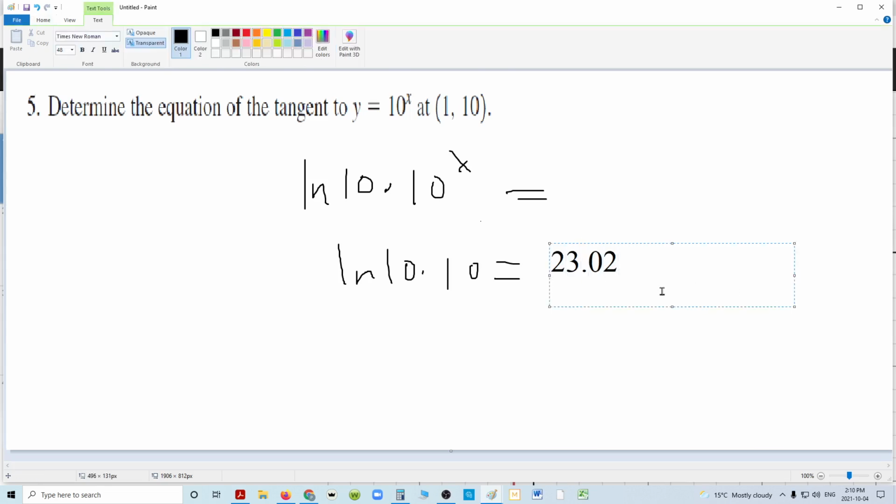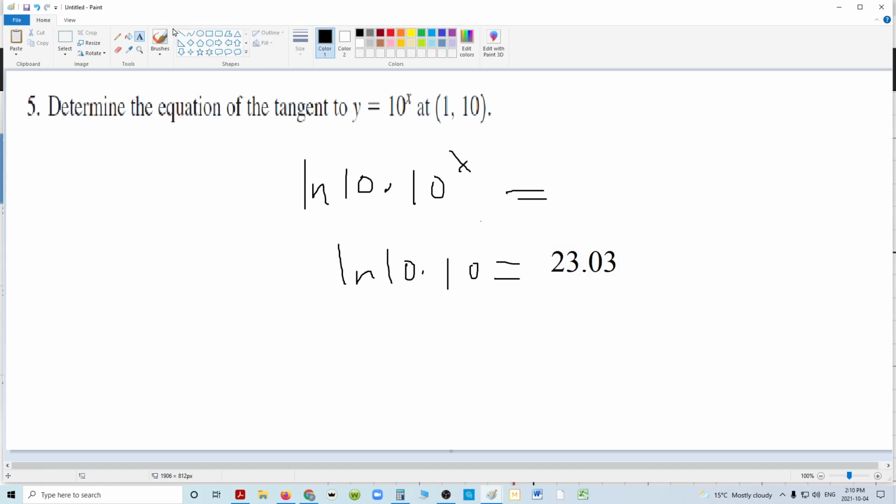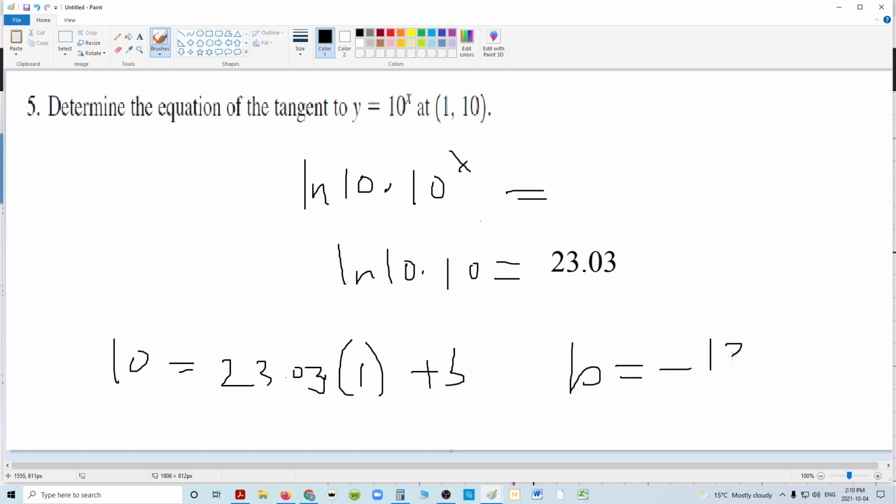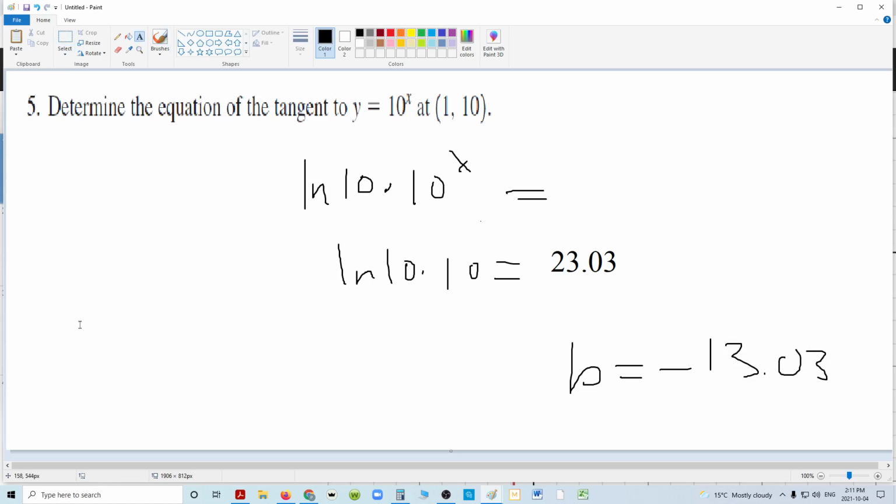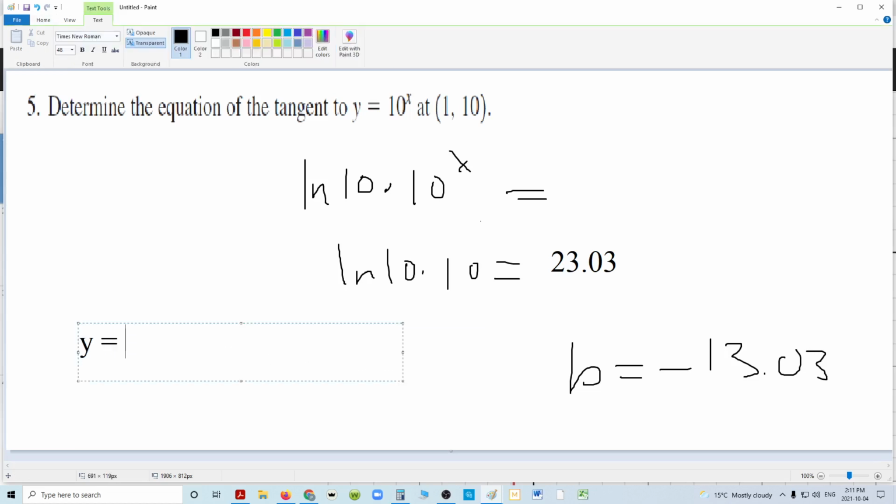So that means we have the equation now, and we need to put it into line format. And when y is 10, that is equal to 23.03 times x, which is 1, plus b, which means that b is negative 13.03. So now we can write it in the standard line format. First, we can write it in this format.